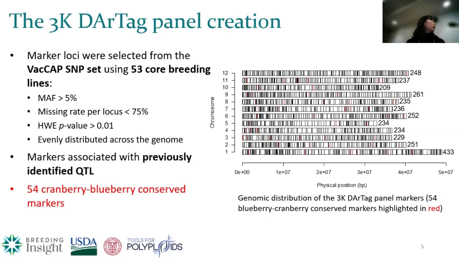We also included markers associated with previously identified QTLs. Since there is interest in studying cranberry blueberry hybrids, we developed 54 cranberry blueberry conserved markers. As highlighted in red, this is the genomic distribution plot.